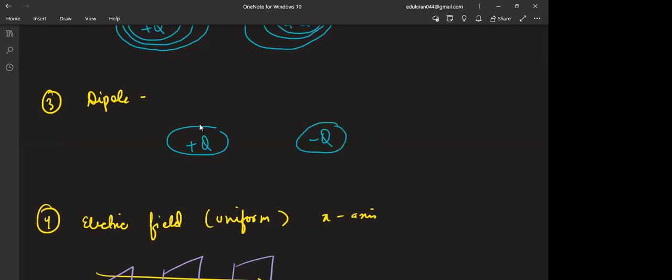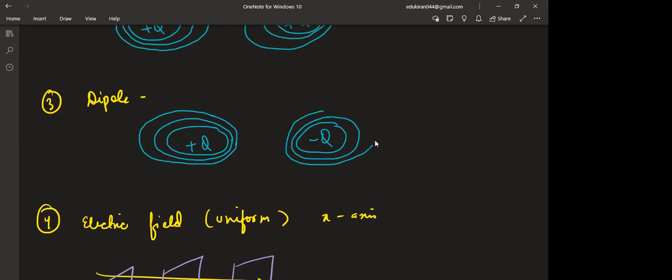Now electric fields will be in the same direction at this point. So they'll be concentrated closer here and separated here. This is how you draw the dipole.